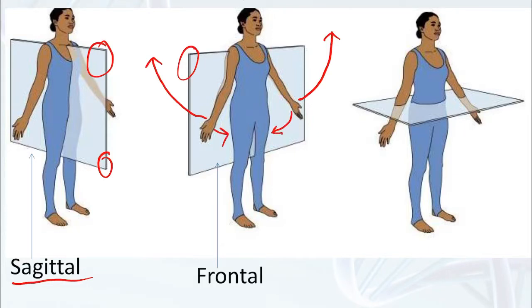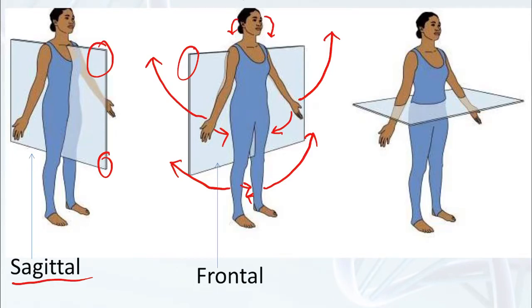Could be the same thing with the hip coming out this way into hip abduction, or coming back, hip adduction. We could also think about moving the head to the side, like if you try to take your ear and touch your shoulder, straight down. That would be a frontal plane movement. This is also known as the coronal plane.